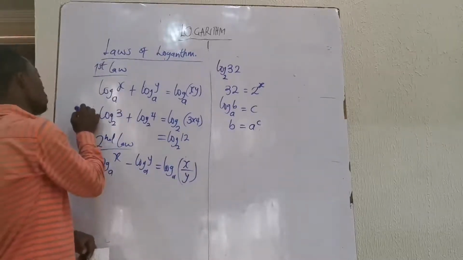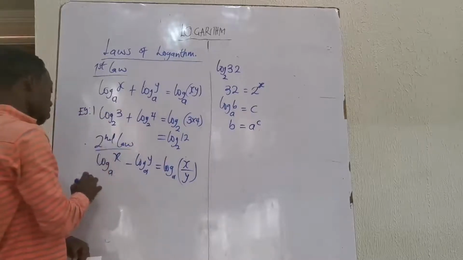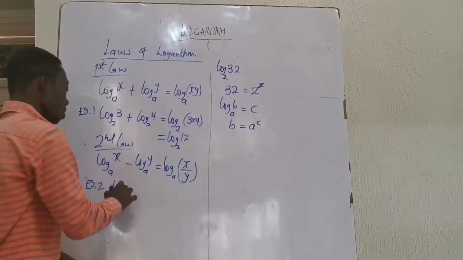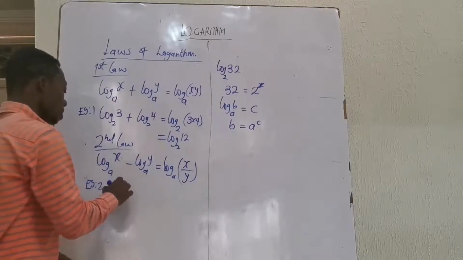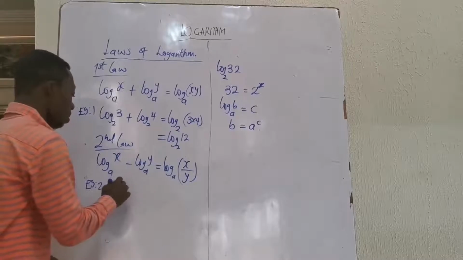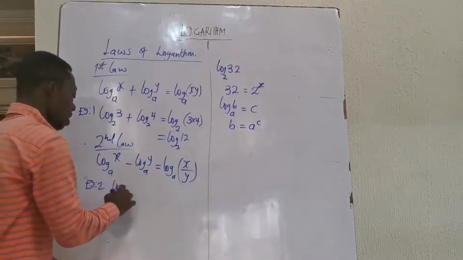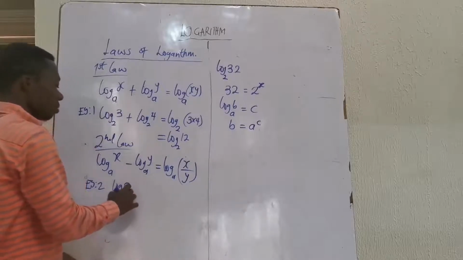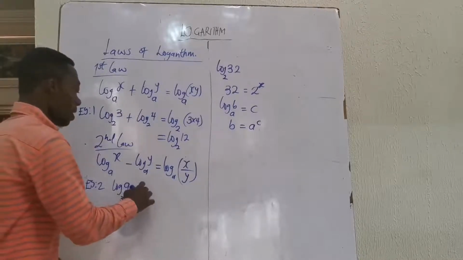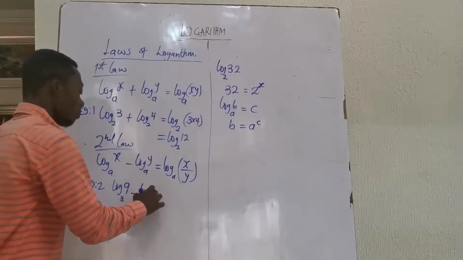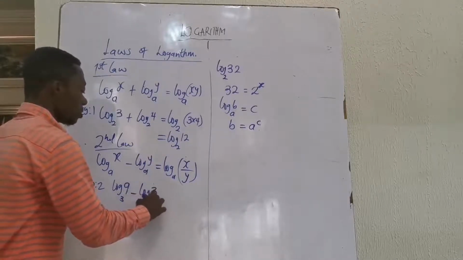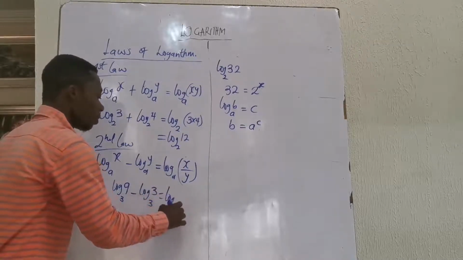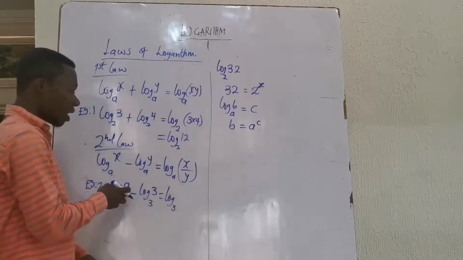So let's see an example. Let's say example 2 here for second law. If I have log of 9 to the base of 3 minus log of 3 to the base of 3, it is going to give me log with the base of 3, then I will divide the 9 by 3.